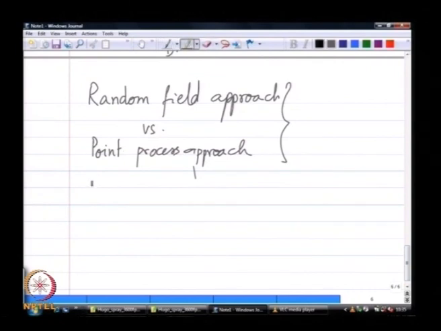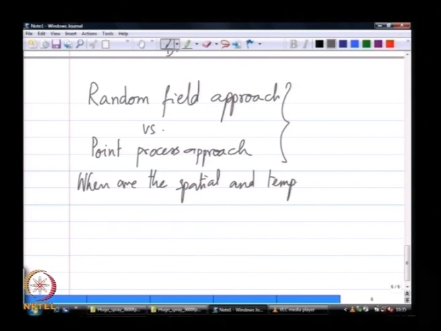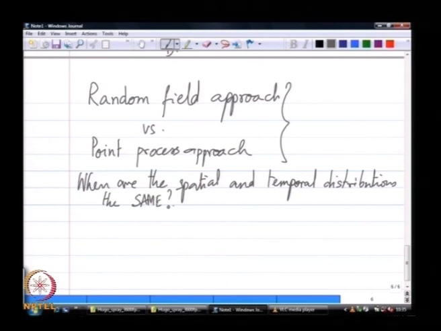I will present one simple situation under which they will exactly be the same. The same is a very restrictive criterion. Okay, I want to start with that because that is the easiest to understand. They are exactly the same.